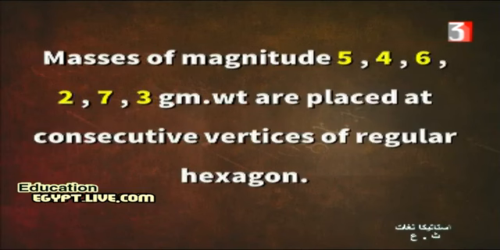We know, my dear student, that a regular hexagon has 6 sides, equal in length, and 6 angles, each one equal to 120 degrees. And we know the center of gravity of a regular hexagon is the intersection point of its diagonals.